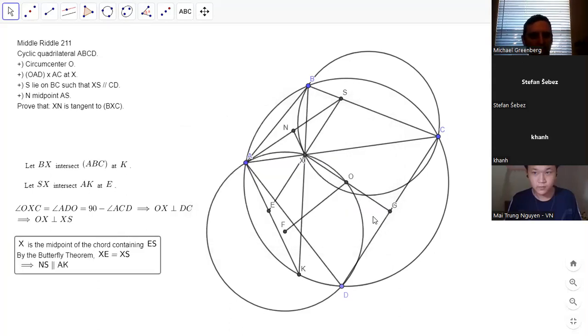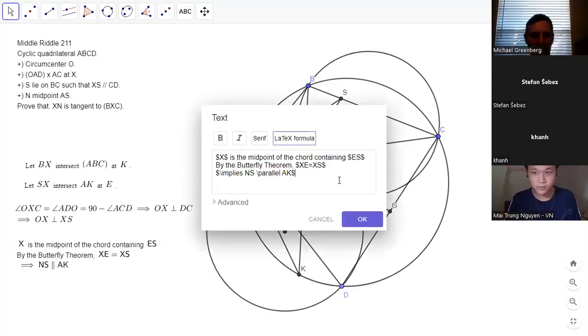And once we know that, then it's just an angle chase. So then angle NKB equals angle AKB equals angle ABC. Or NXB, I think it is.